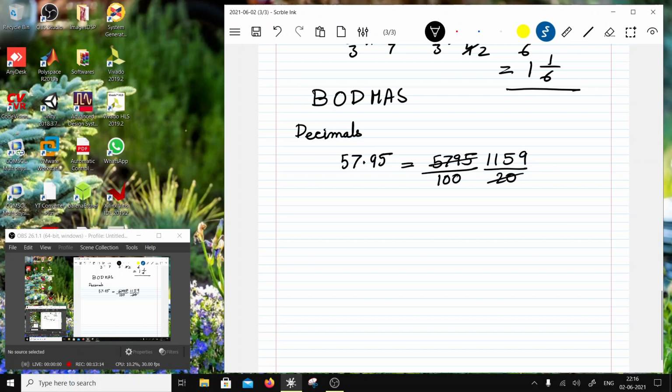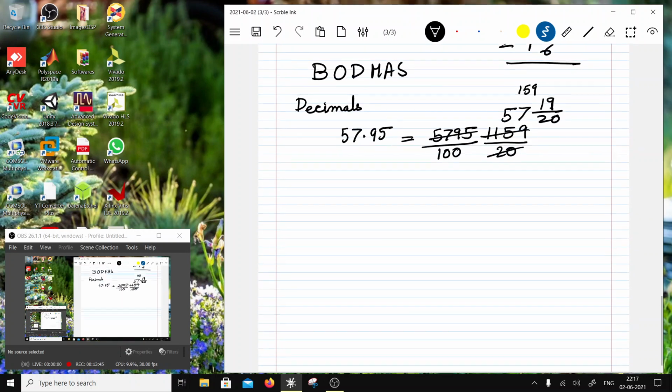So I can divide by 20. So 20 fives are 100. Then I am left with 159. Okay, then right. So 159 means it is 5 and 7, right? So that will be equal to 140, and then I'm left with 19 by 20.